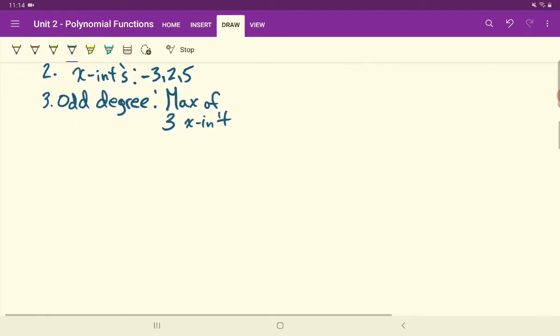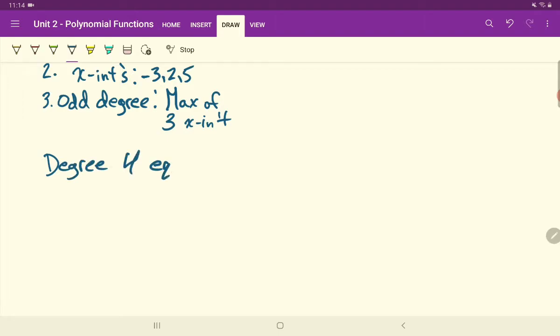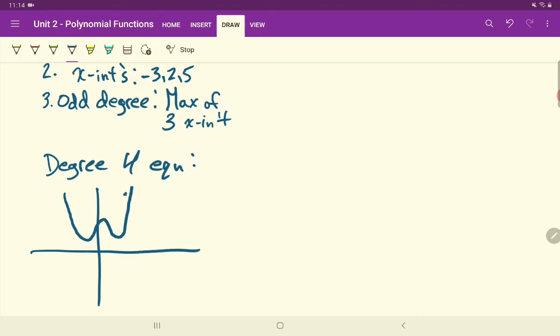Okay, but let's look at some even degree examples. So let's say a degree of 4. All right, so a degree 4 equation. So let's do this. How many x-intercepts does that have? It is possible, where it was not possible before with the odd degree function, to have 0 x-intercepts with an even degree function.